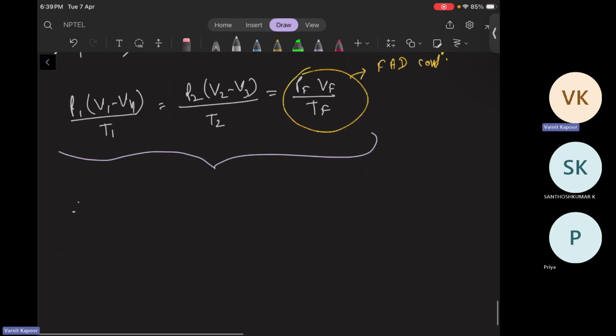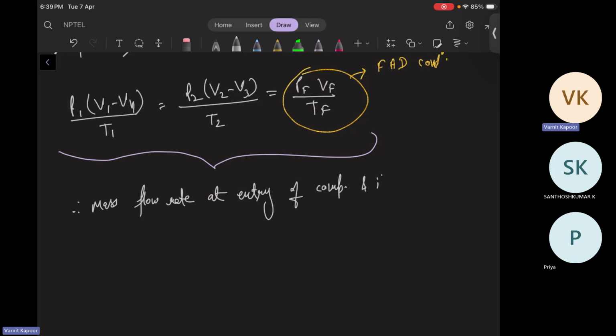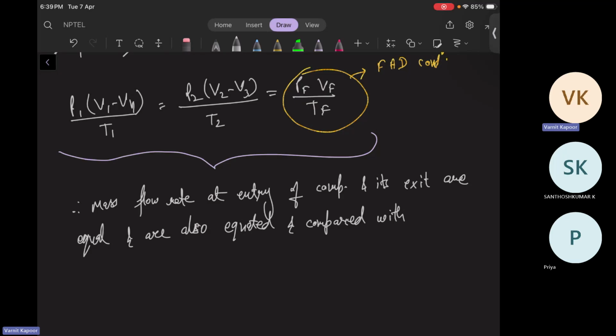Therefore, the mass flow rate at entry of the compressor and its exit are equal, and are also equated and compared with free air delivery condition. Okay.